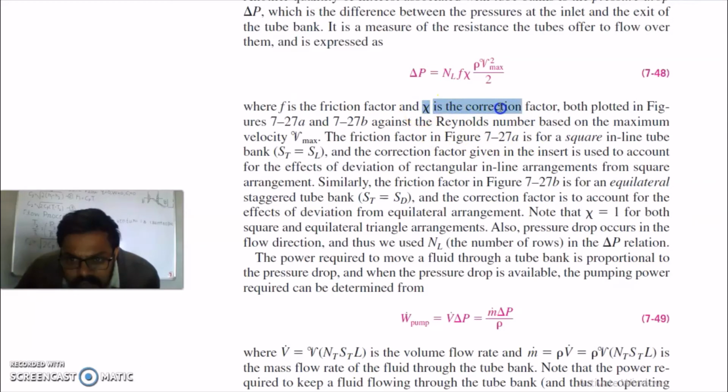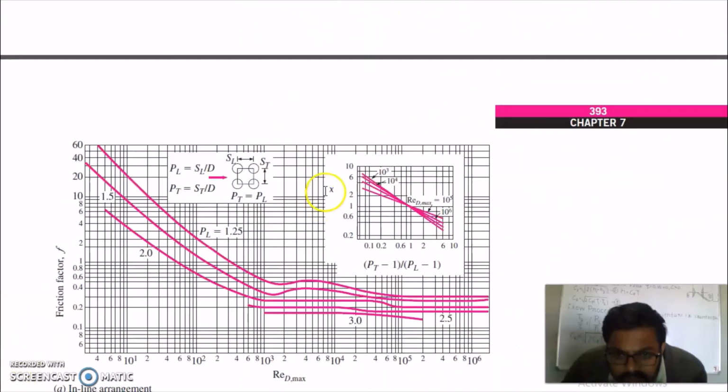So this correction factor is used in case the square inline tube bank deviates from the square arrangement to a rectangular inline arrangement. Then we use this correction factor, which is given here in this plot.